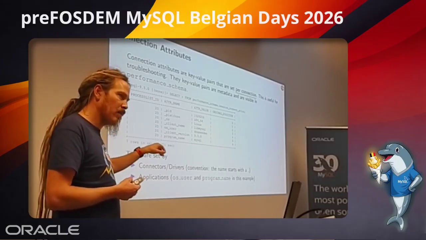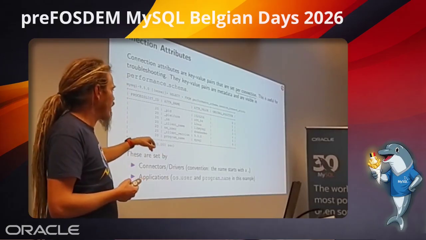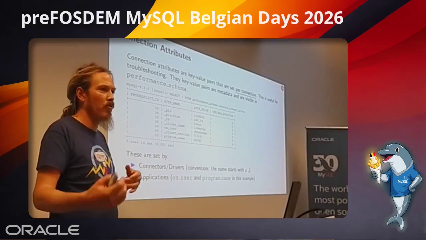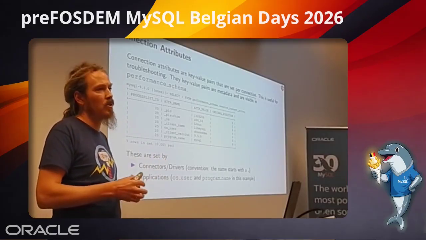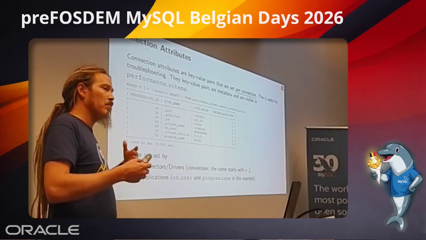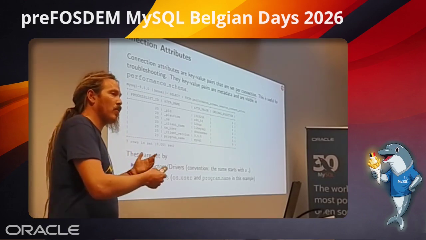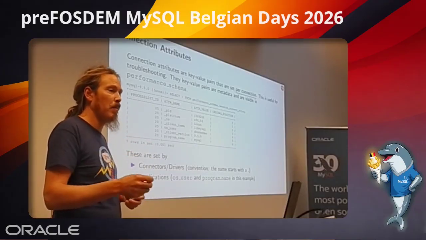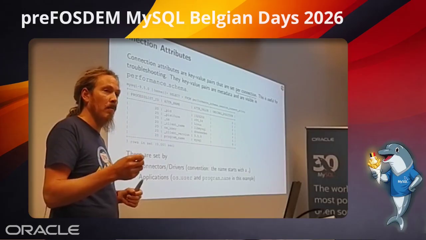So the things you might want to set in your application are, for example, the application that's connecting, maybe like report generator, Slack bot, payment gateway, because that gives the DBA much more information about what the connection is about.